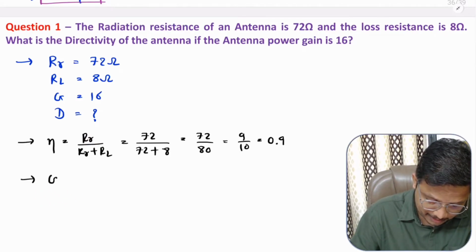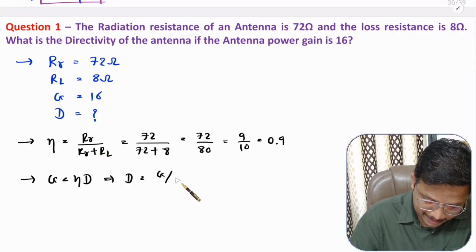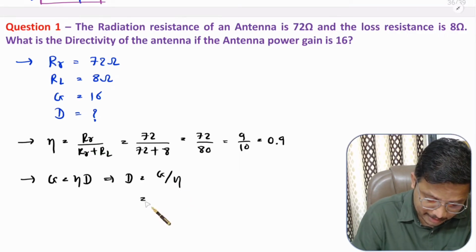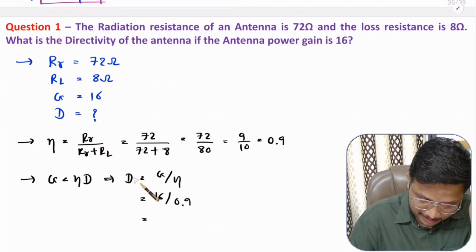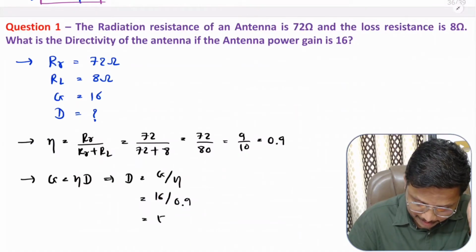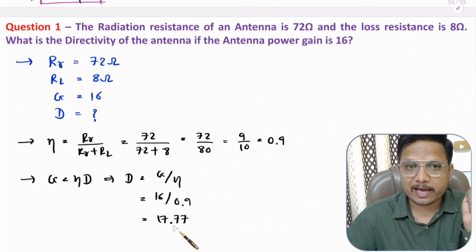Based on that, one can calculate the directivity. See, gain is equal to radiation efficiency into directivity. So directivity is gain divided by radiation efficiency. Here gain is 16 divided by radiation efficiency 0.9. So directivity will be 17.77 in terms of value.